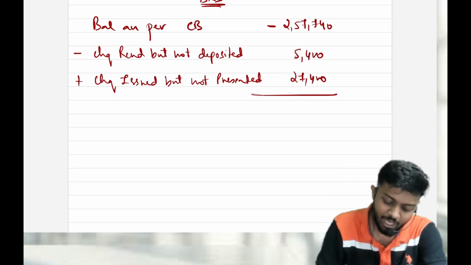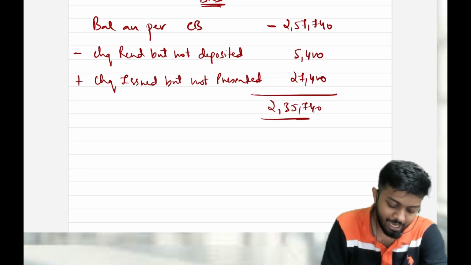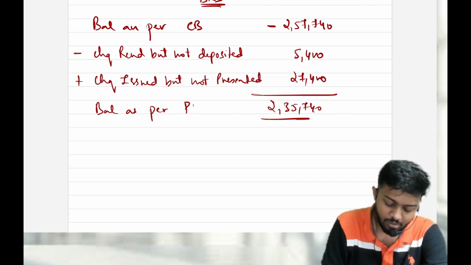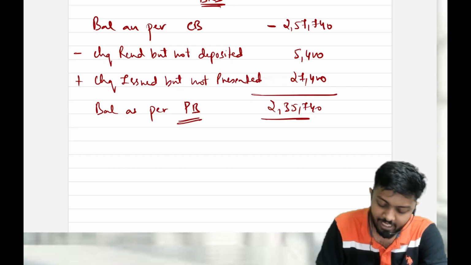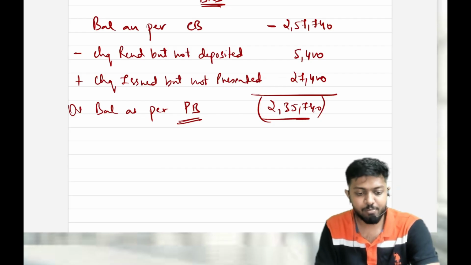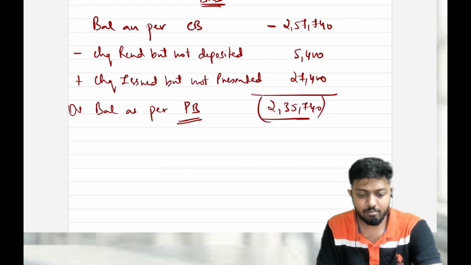So it becomes 2,35,740. That becomes the balance as per passbook. Is it still an overdraft balance? Yes, we still have a negative number only. So it's an overdraft balance as per passbook.